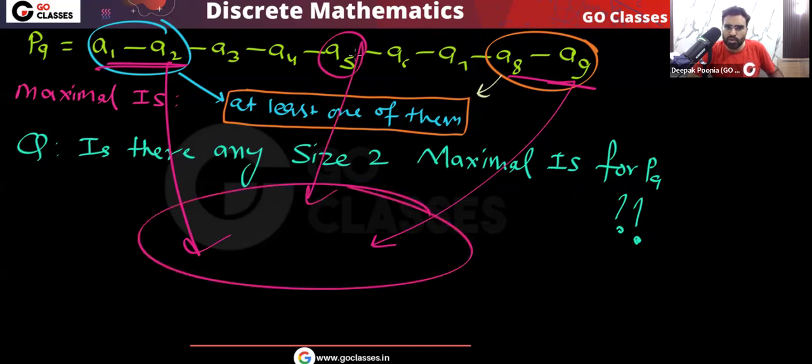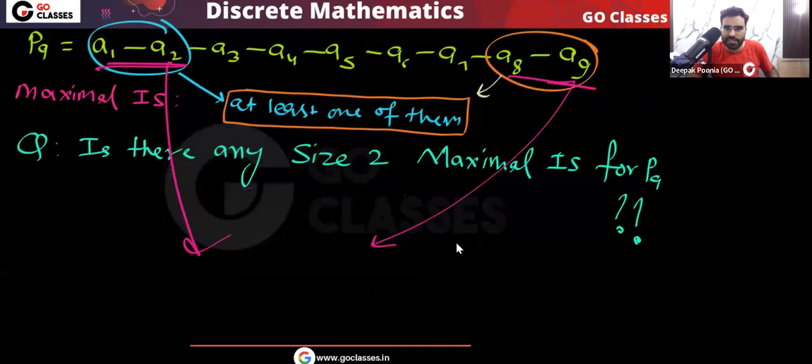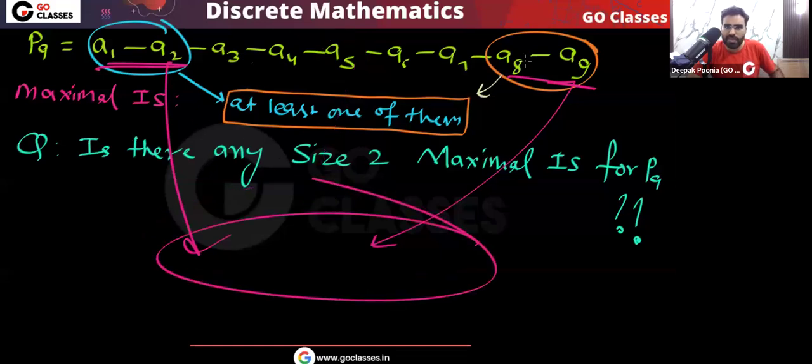A5 is not adjacent to A1, A2, A8, A9, so I can add it. So definitely the independent set from A1, A2, A8, A9 is not maximal, because I can make it bigger by adding A5.